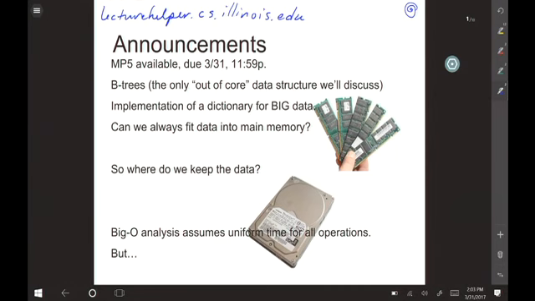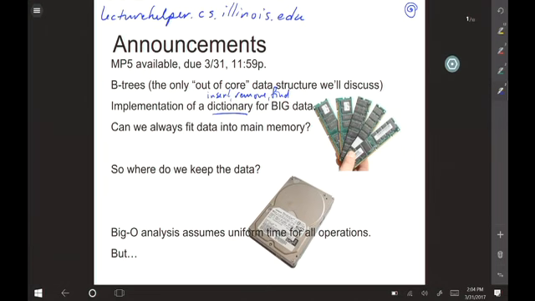Okay. So we're still talking about dictionaries, and I'll just remind you very quickly that in dictionaries we have these functions which are insert, remove, and find, or search. And those are the things that we're going to use to evaluate the effectiveness of our dictionary data structure.